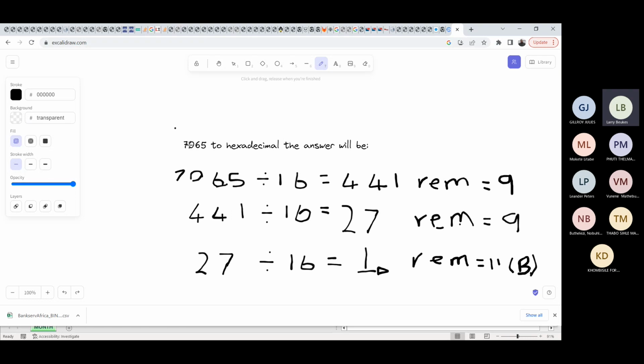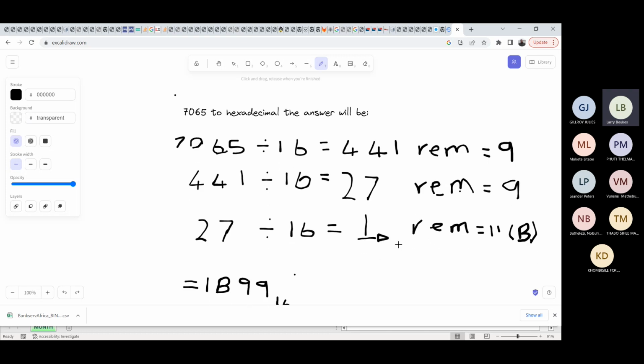So this was in decimal. To convert it to hex, what we did was we divided by 16. We took this product. I know product is multiplication, but let's just call it a product for this sake. Then we divided by 16 again. Here we couldn't divide anymore, so this was the last divisible number.